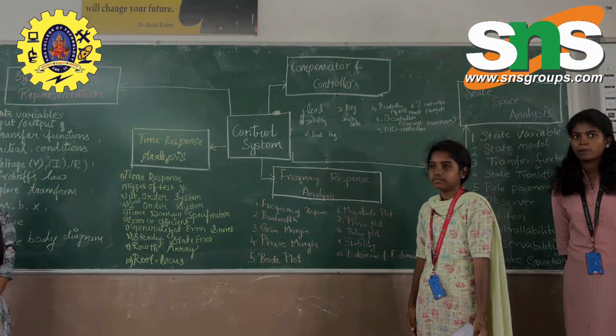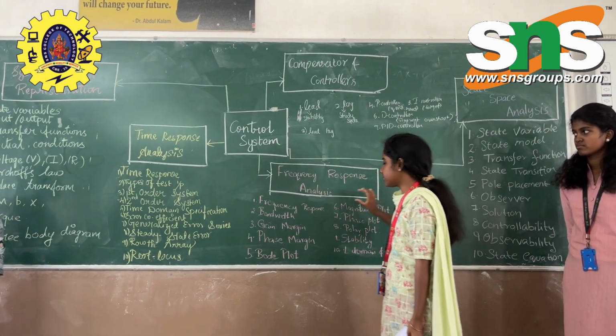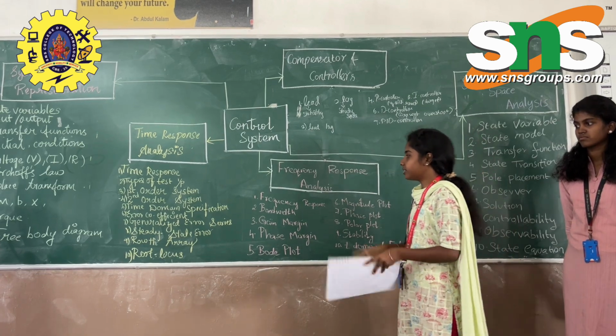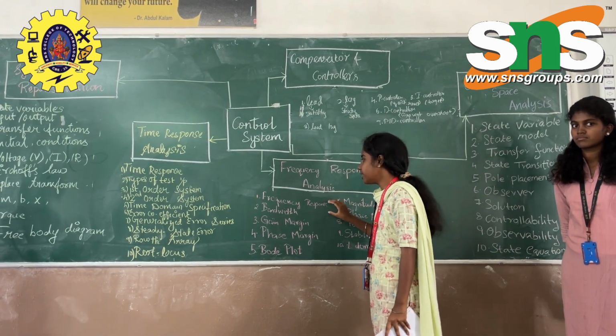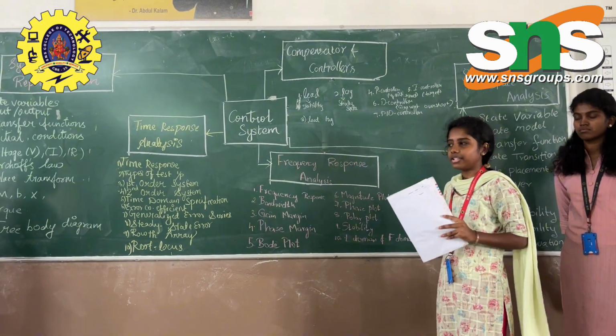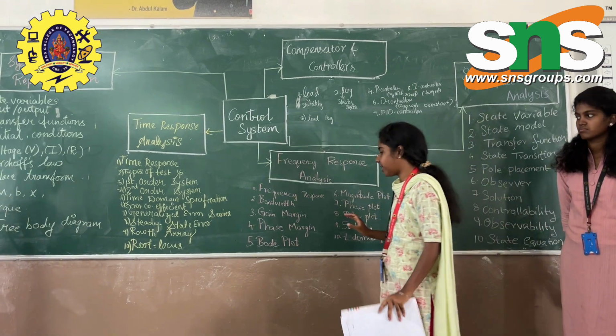The next subtitle is frequency response analysis. First, what is frequency response? When an input signal is given to a system, how the system reacts to it is known as frequency response. Next, bandwidth is the range of frequency. If the range of frequency is high, then the system is fast.